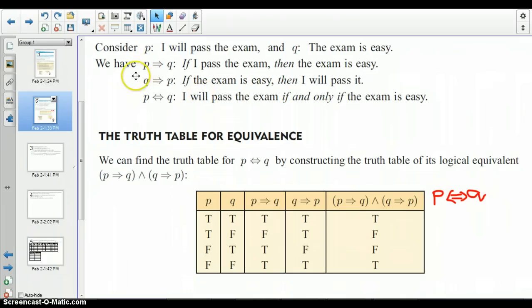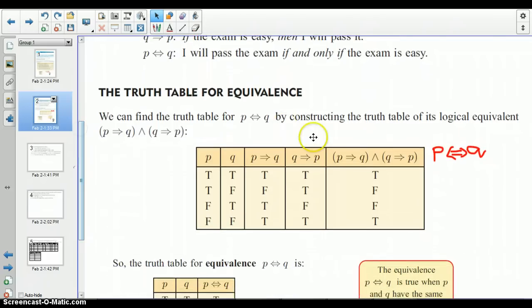These first two are implications. This one now becomes an equivalence. So let's see the table for equivalences. We're not going to build a truth table for an equivalence. We're going to construct a truth table of its logical equivalent, the conjunction of the two implications.